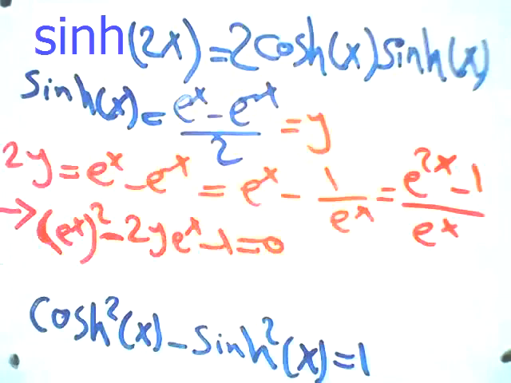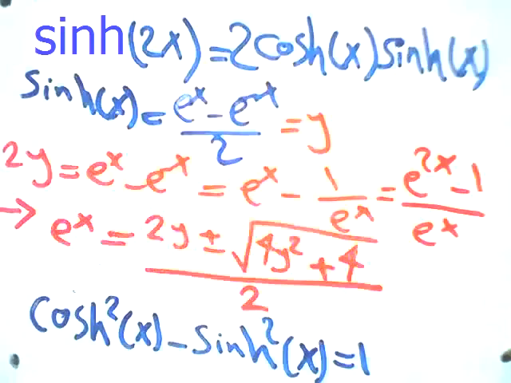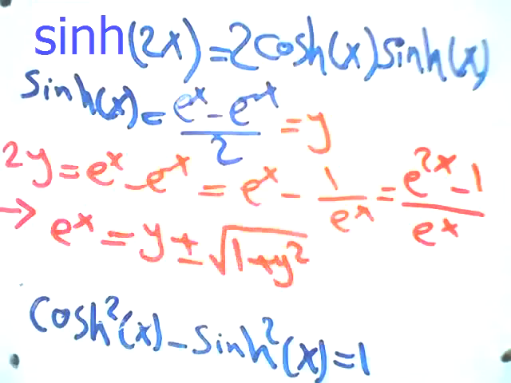So here it is a quadratic equation. Let's solve it for e to the x. Okay. Then simplify it like this.